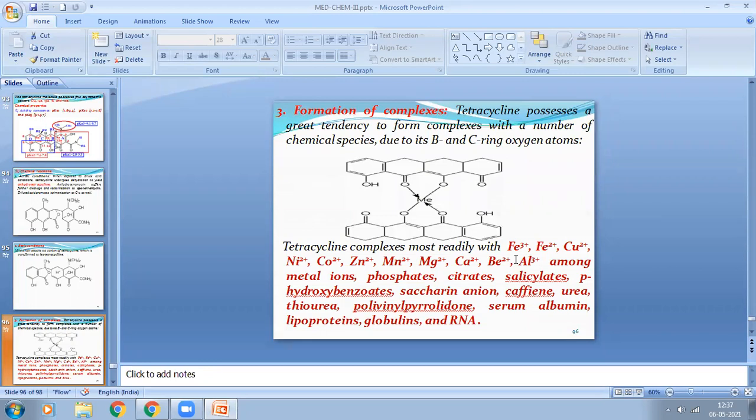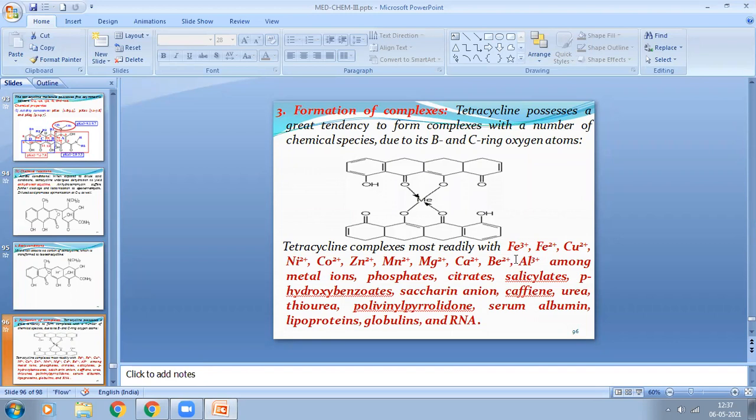And other ions such as phosphate, citrate, salicylates, para-hydroxybenzoates, saccharin anion, caffeine, urea, thiourea, polyvinyl pyrrolidone, serum albumin, lipoproteins, globulins, and RNA molecules. These all are the chemical species which can readily form the complex with the tetracycline.